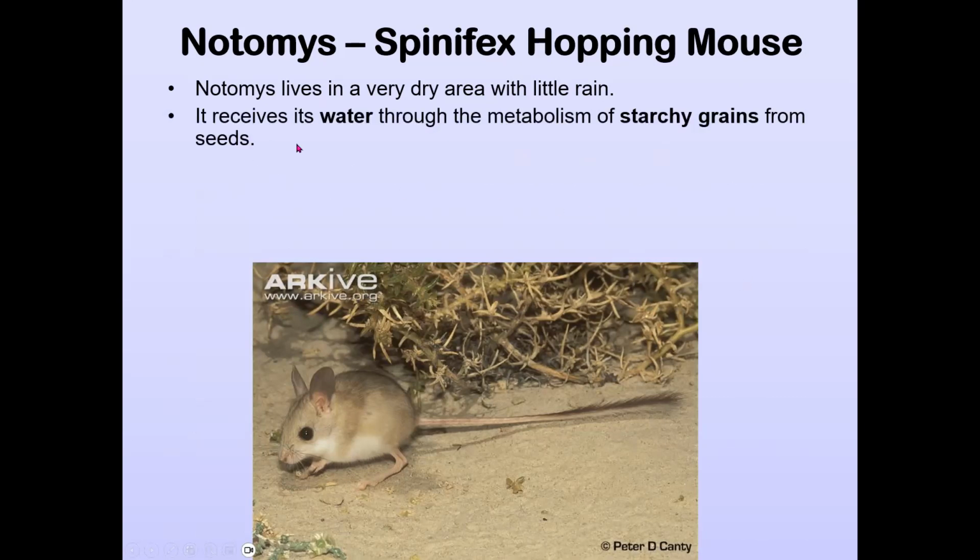So its water comes from eating starchy grains. Starch, when it's metabolized, produces water. So it never needs to drink. It's only small, by the way, maybe 2 or 3 centimeters, very small.